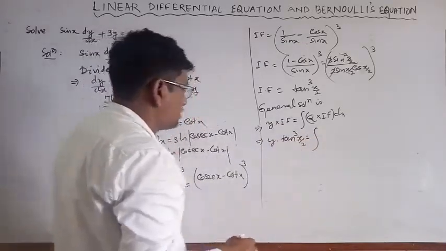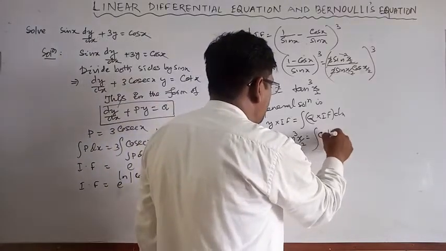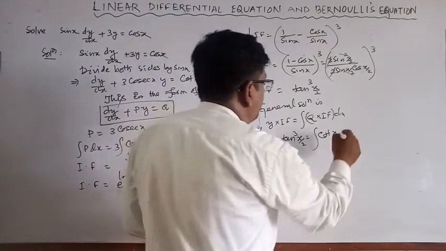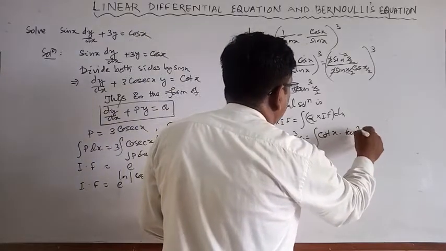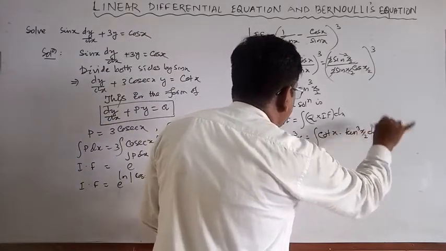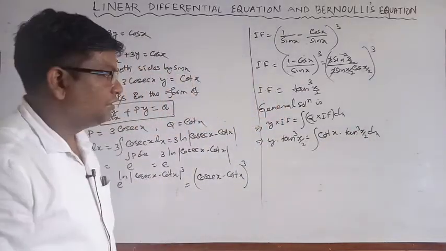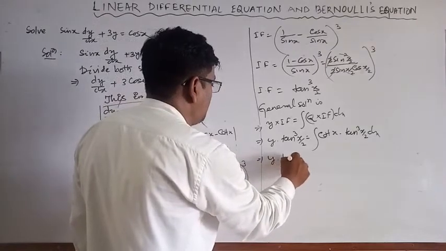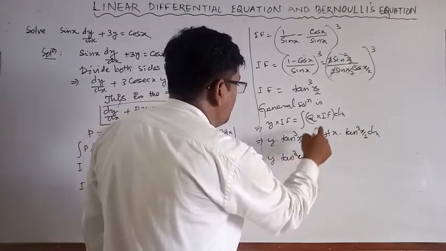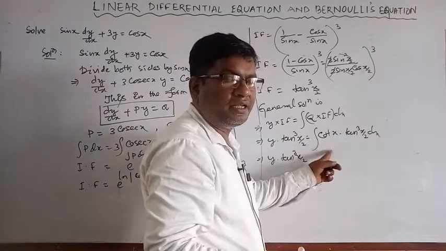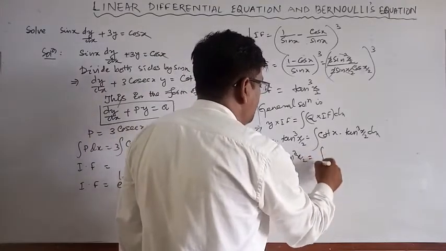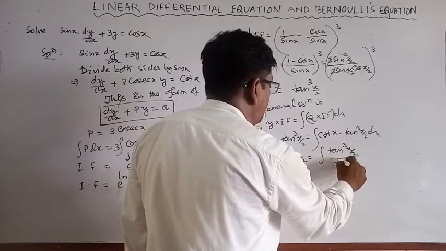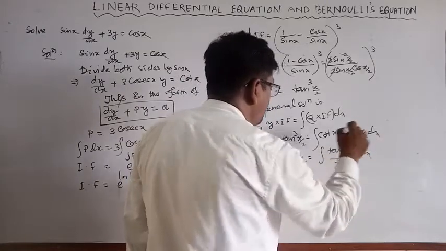Q is cot x, into IF, that is tan cube x by 2, into dx. Now this is equal to y into tan cube x by 2, and cot x is 1 by tan x, so this is equal to integration of tan cube x by 2 by tan x into dx.